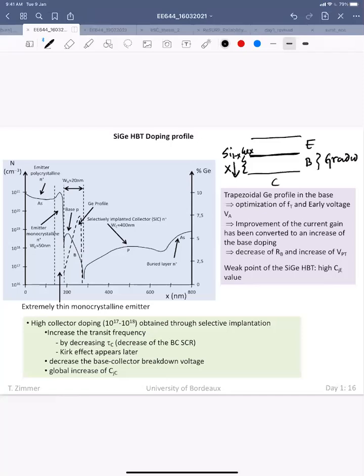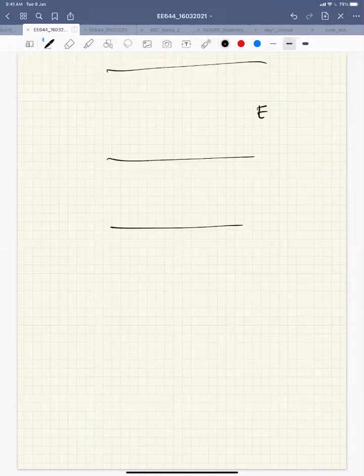So if I do that, and think of a base, you have collector, base and emitter. Here I have higher germanium concentration, so I have a graded band gap. If you go from bottom to top, your band gap is increasing, because I have higher germanium concentration here.